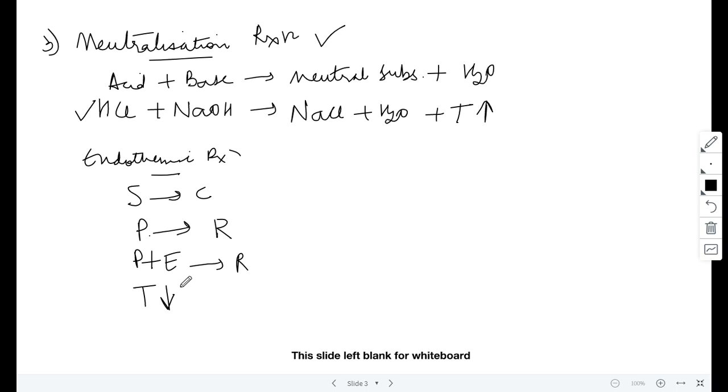But when we are talking about endothermic, it is absorbing the heat, it is absorbing the energy, so the temperature decreases. Any problem in this? I hope you don't get confused about temperature increase or decrease, because we have some bond energy numericals in this.